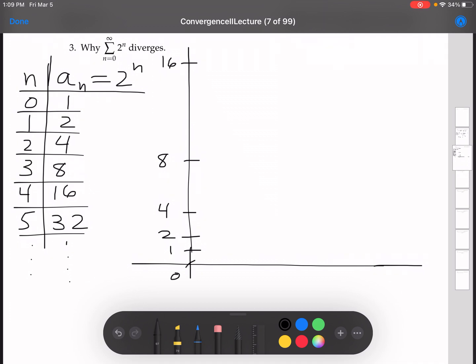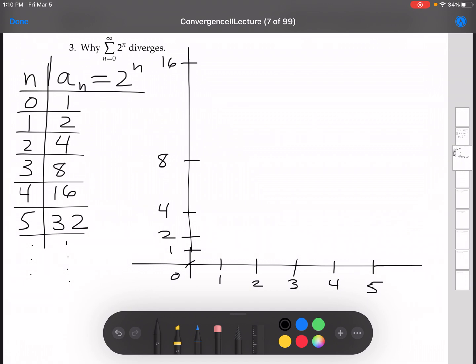And now the scale of my x-axis versus my y-axis is going to be a little different. But if I made the scale exactly the same as the y-axis, then my rectangles wouldn't be big enough visually. So let's say 1, 2, 3, 4, 5.